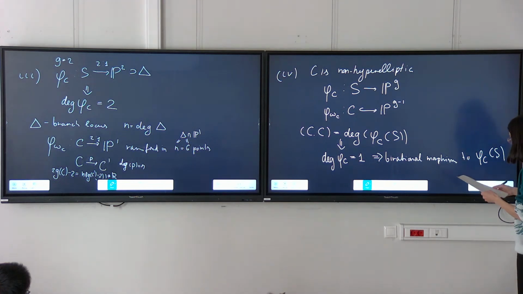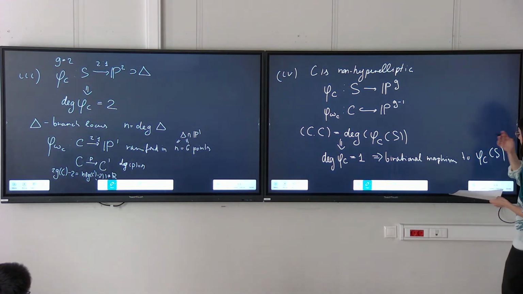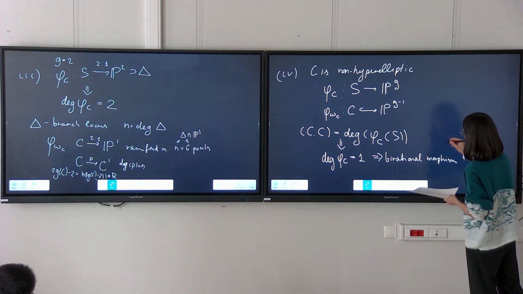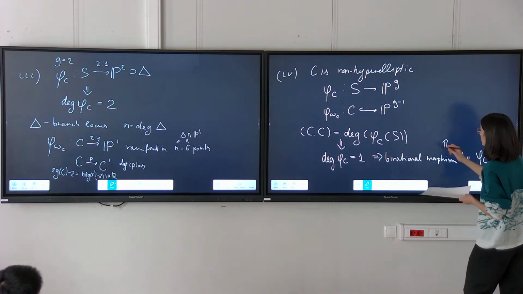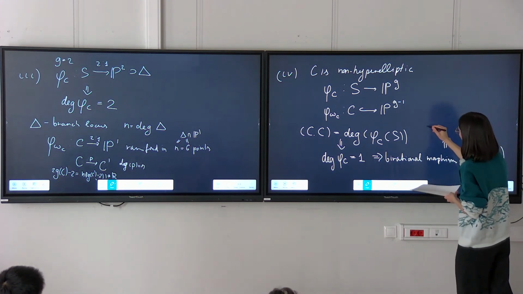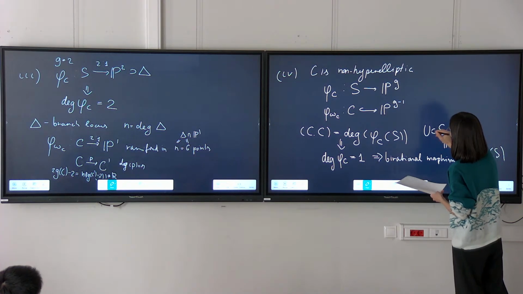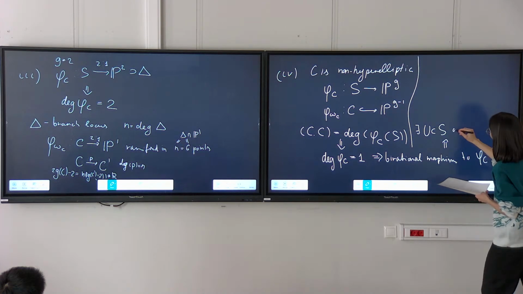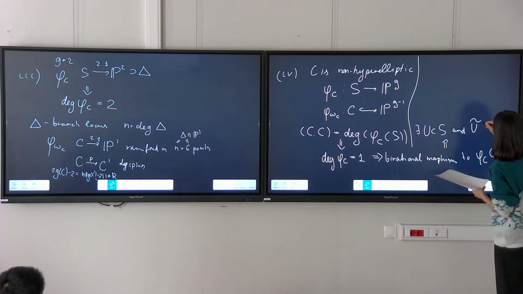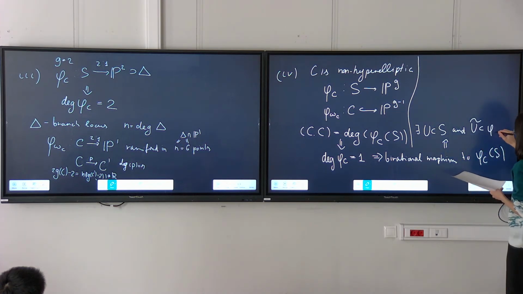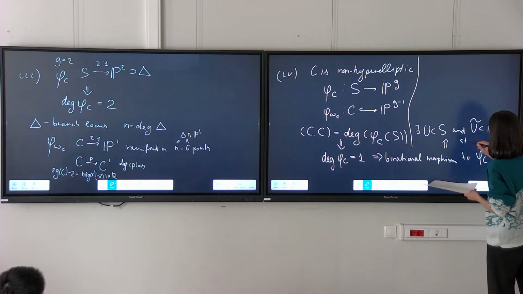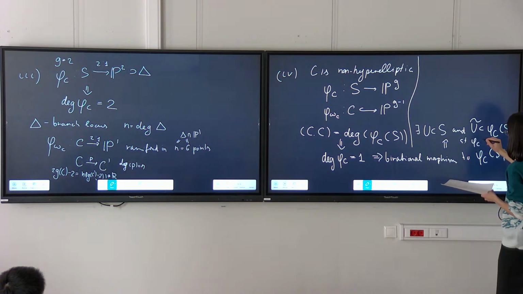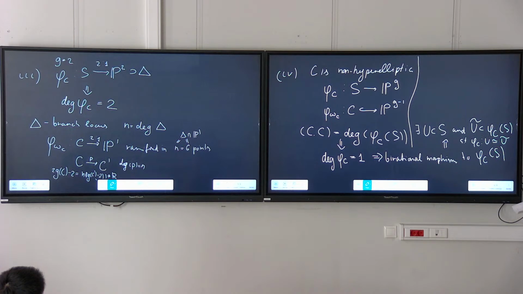Okay, and what does it mean that this is a birational morphism? This means that there exist open subsets U in C and U prime in phi C, such that phi C induces an isomorphism between them. Okay?